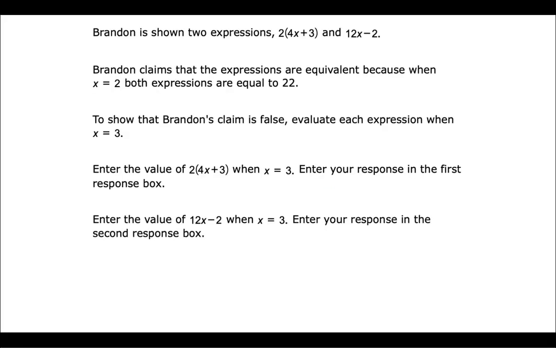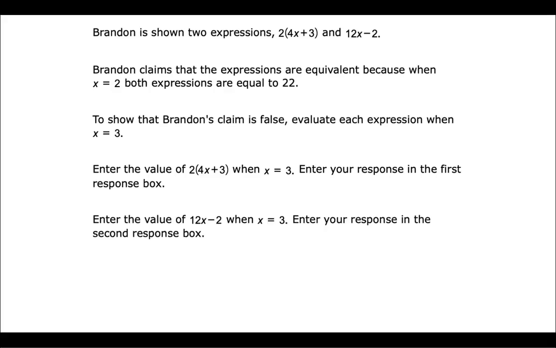Here is the next problem. Brandon is shown two expressions: 2 times, within the parentheses, 4x plus 3, and another expression, 12x minus 2. Brandon claims that the expressions are equivalent because when x is equal to 2, both expressions are equal to 22. To show that Brandon's claim is false, evaluate each expression when x is equal to 3.